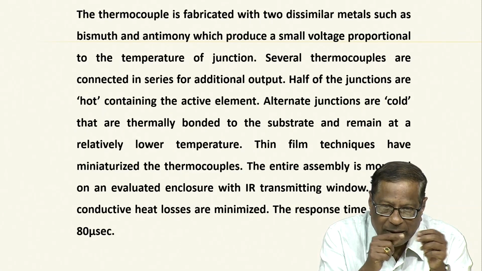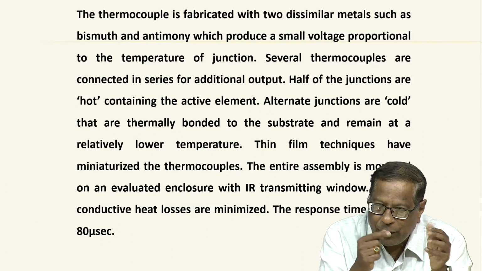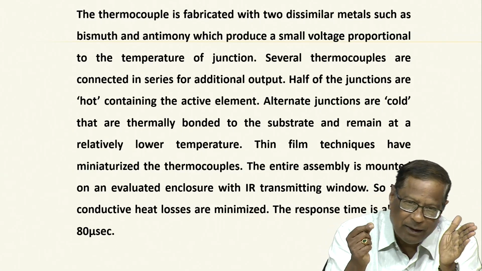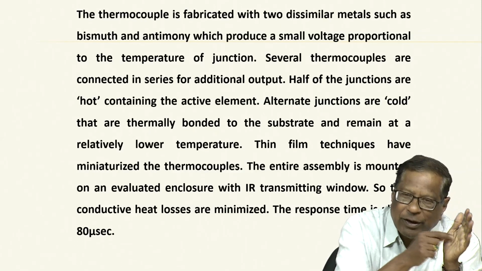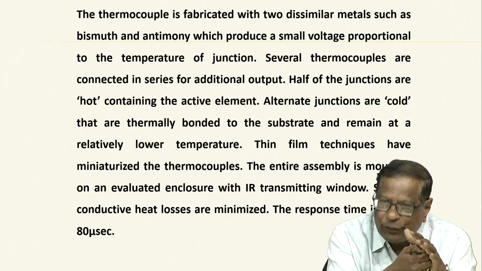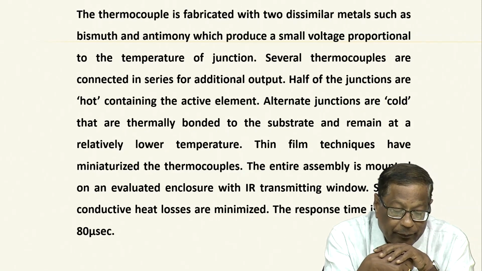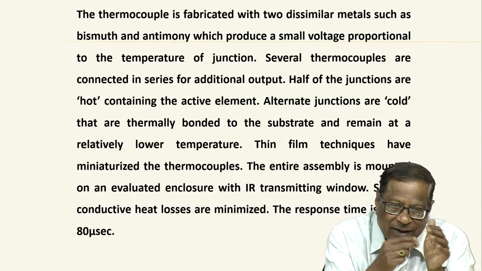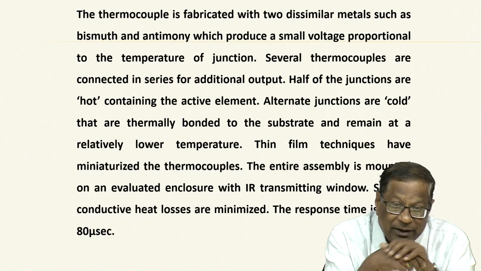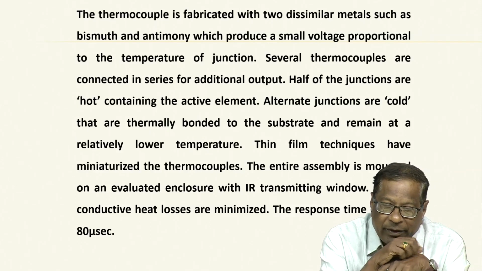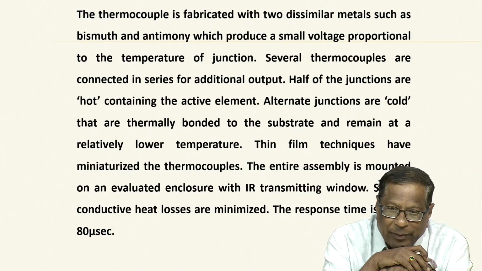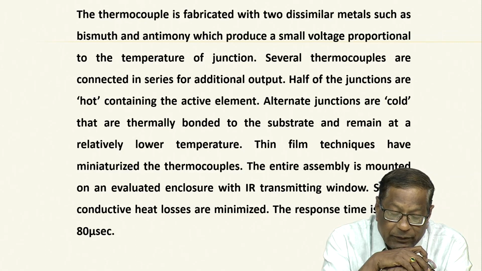Okay. So, a small voltage is produced when the dissimilar metals are used. The dissimilar metal pieces fused together are used so that the IR radiation falls onto that joint where they are fused together. It is called a junction. So, the junction temperature should be monitored whenever we use infrared spectrometry.